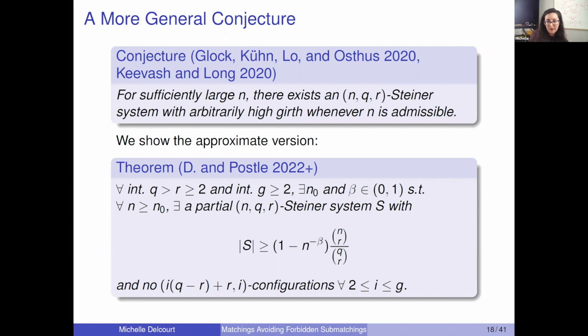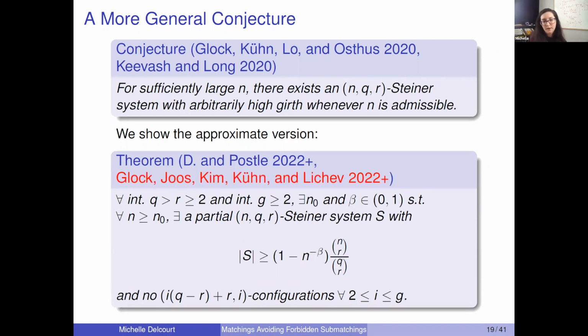So independently, another group obtained the same results using a different proof. And I'll maybe say a few words about both of our proofs. So again, our proof technique is a nibble type proof, whereas their proof, you can think of it as a randomized greedy process.